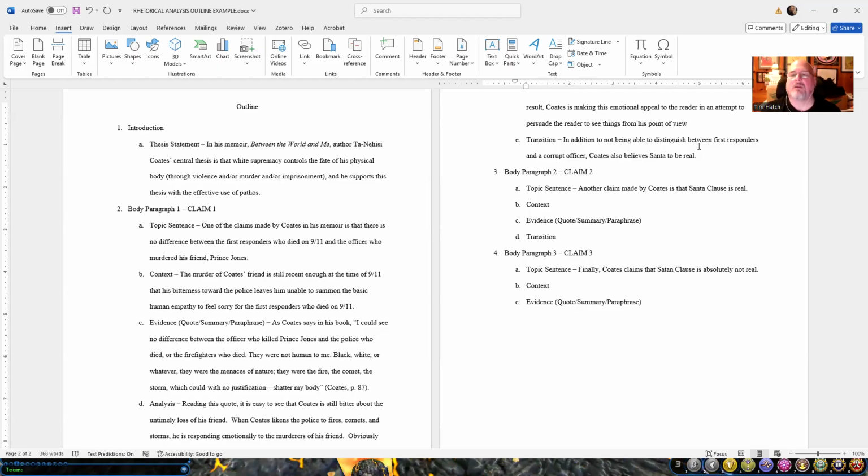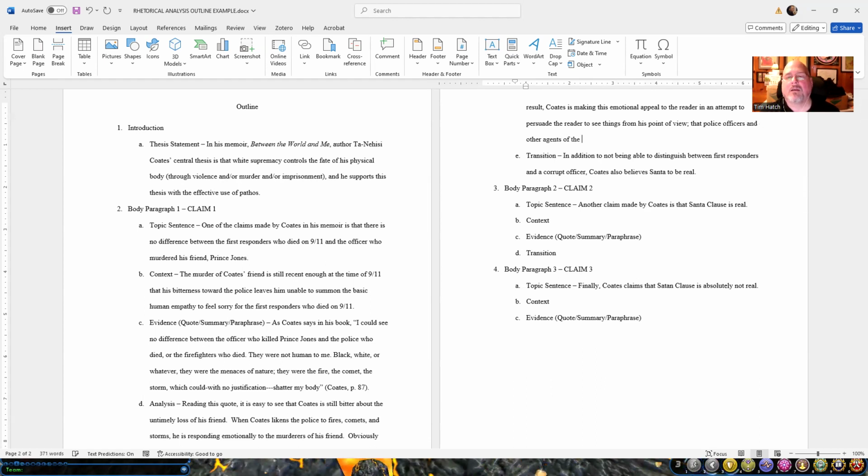So Coates is making this emotional appeal to the reader in an attempt to persuade the reader to see things from his point of view; that police officers and other agents of the state ultimately have control over whether Coates lives or dies.